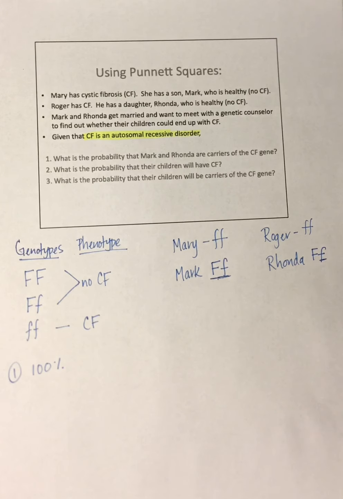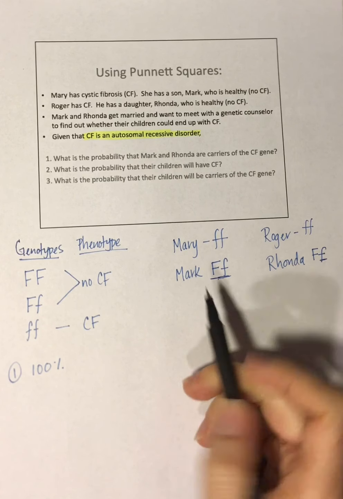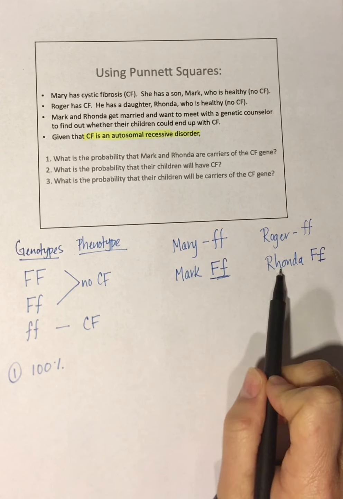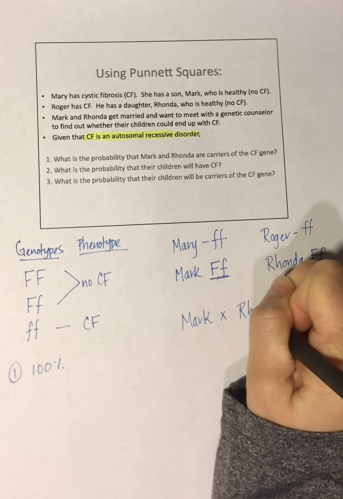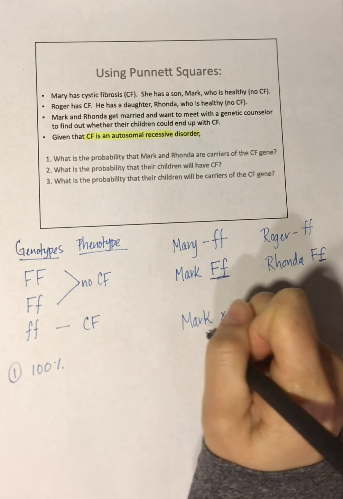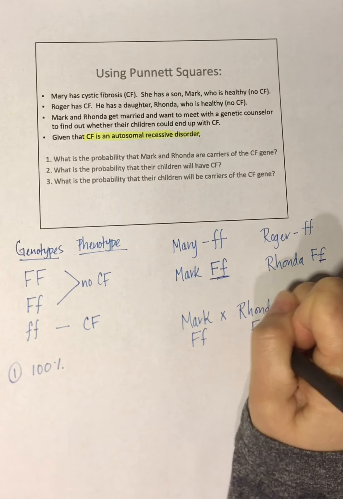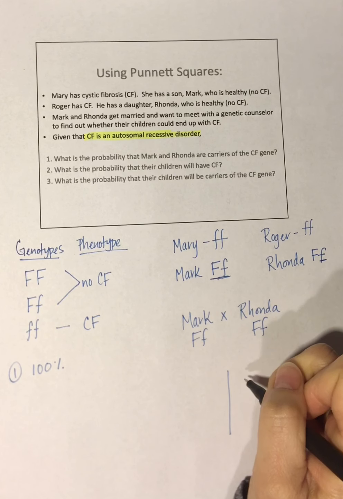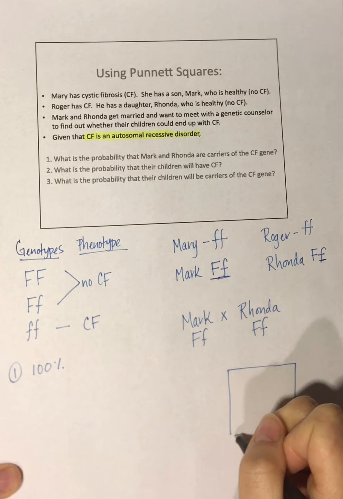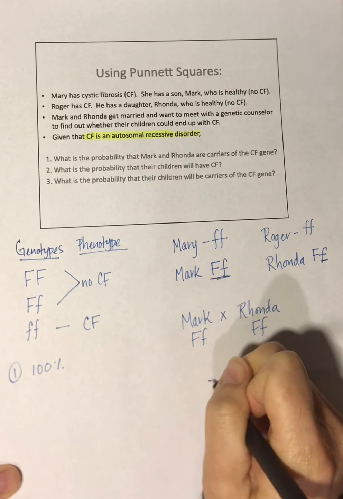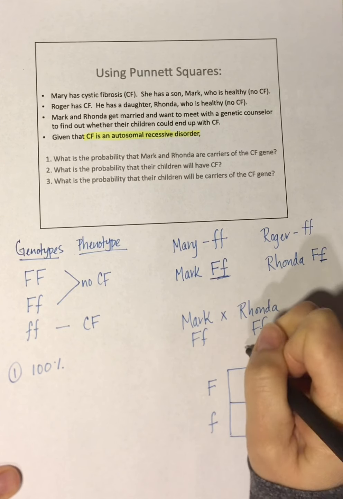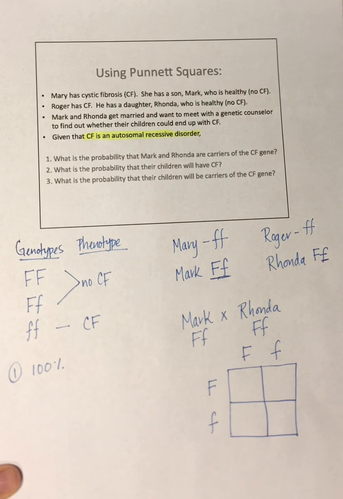Number 2, what is the probability that their children will have cystic fibrosis? Great, now we get to do a Punnett square, my favorite. Okay, so we are looking at Mark and Rhonda. And in terms of their genotypes, again, they are both heterozygotes. So I'm going to go ahead and draw my Punnett square. Okay, and I'm going to put the genotype of Mark and of Rhonda like so.